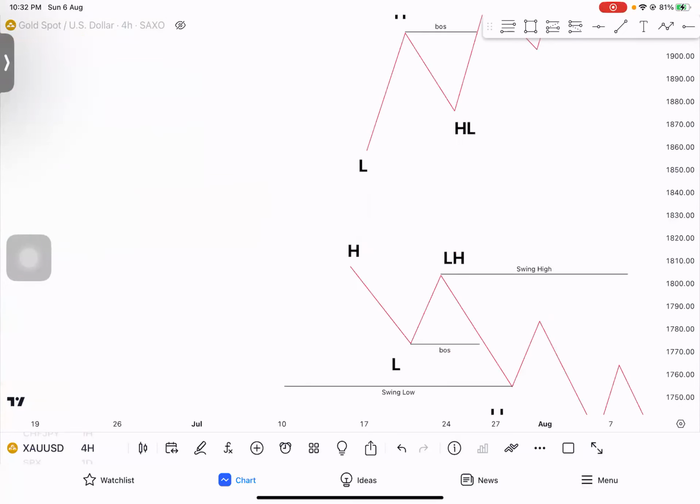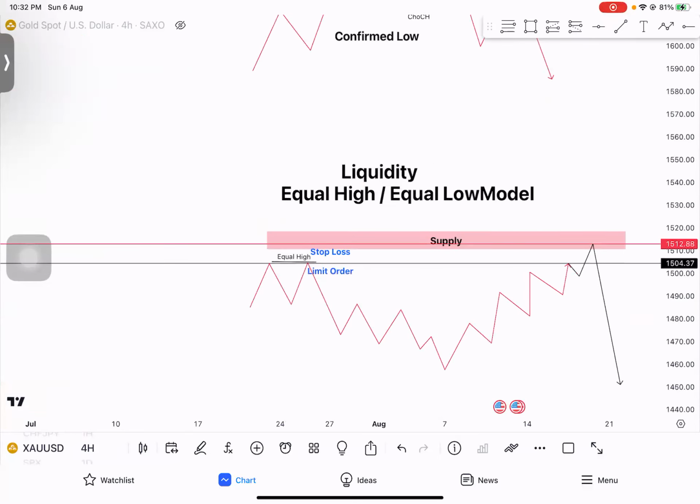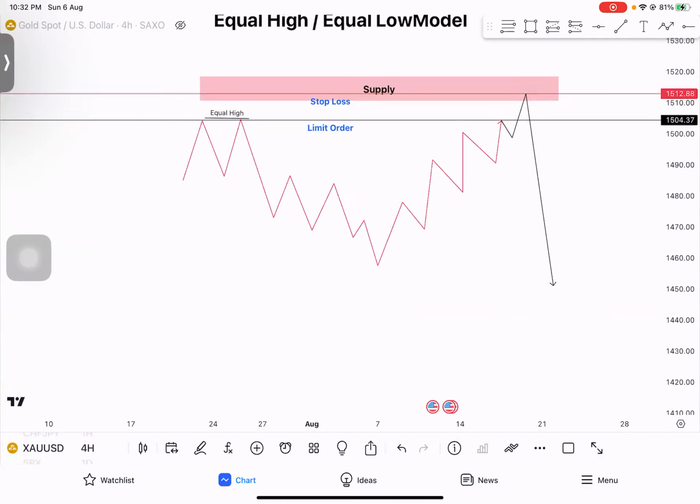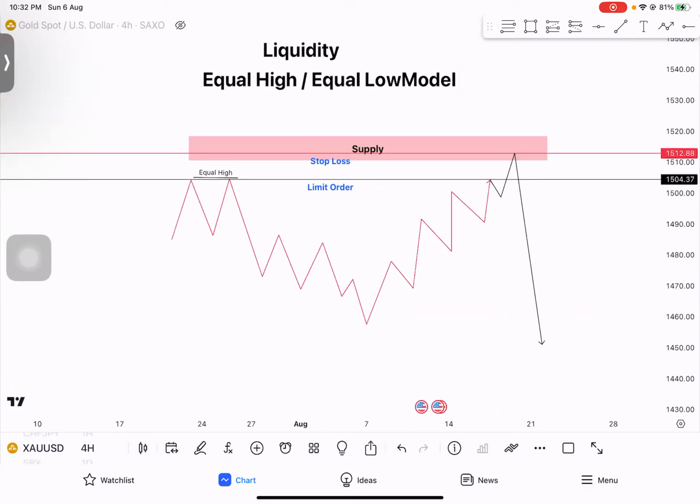Equal low, do you need me to talk again on the equal low? It's almost similar, but just opposite. If you need me to explain again, just comment and I will talk again on the equal low. But the equal low is just the opposite, not required.